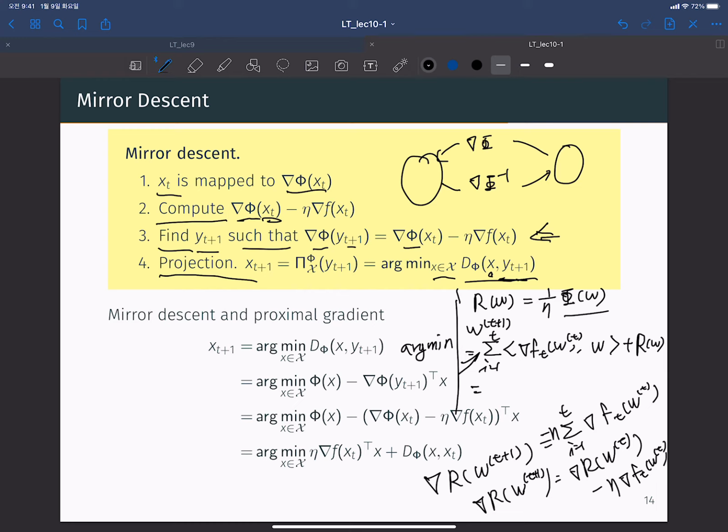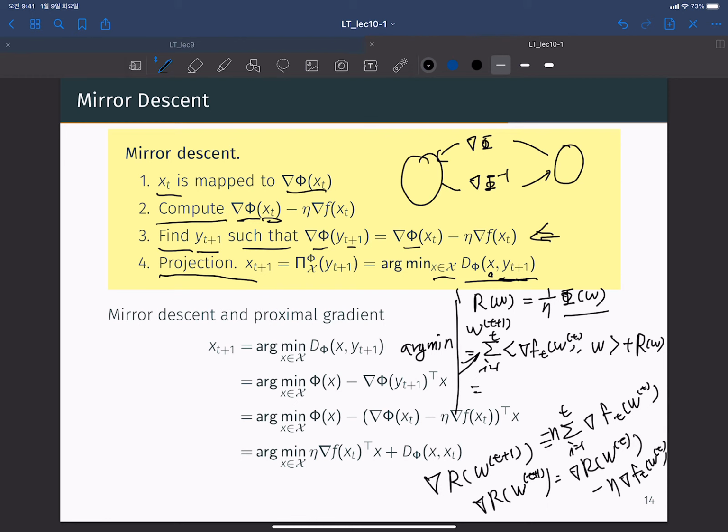Okay, so when we use the L2 norm regularization term, then the follow the regularized leader rule becomes gradient descent or online gradient descent. When we change the regularization function to 1 over eta times some convex function Π(w), then the update rule becomes online mirror descent. So when we can analyze the performance of online mirror descent, we can analyze a very general version of follow the regularized leader with regularization.